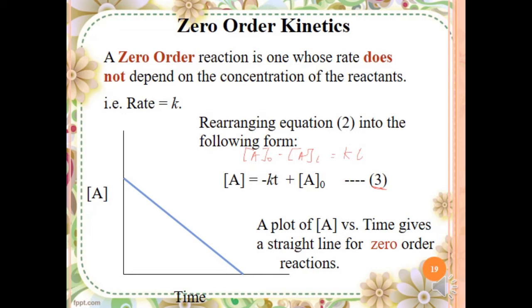So the plot of [A] versus time gives a straight line with a negative slope. Here, negative refers to the slope. So this is zero order.